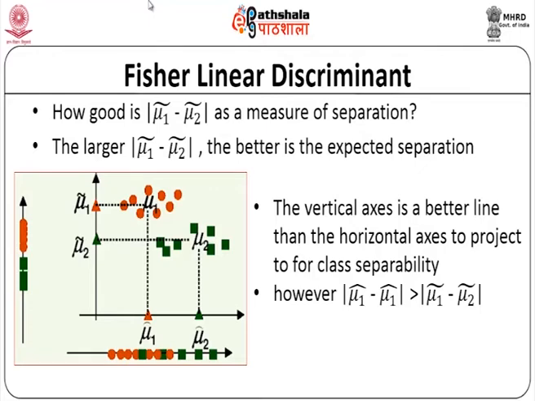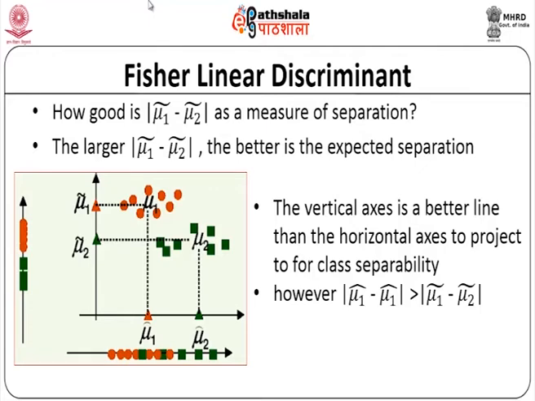In the horizontal axis you see that the classes are mixed, they are not separated. In the vertical axis they are separated. So, the vertical axis is a better line than the horizontal axis to project onto for class separability.